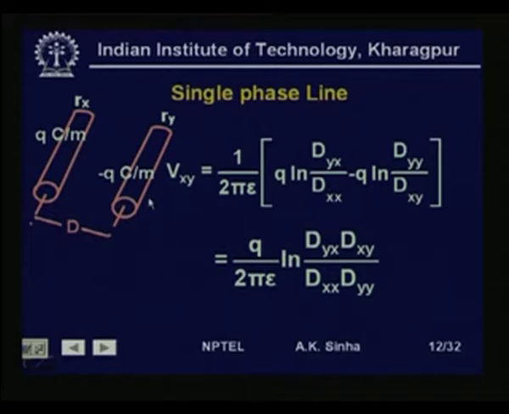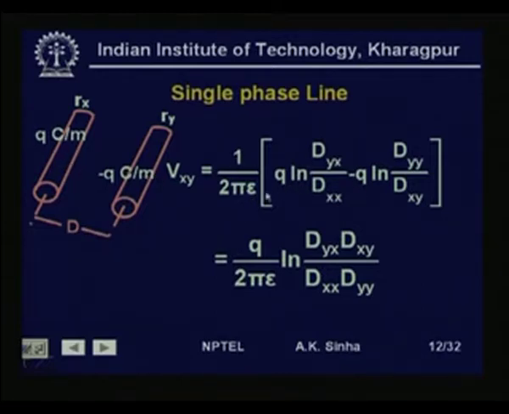So, now using the same formula we can find out Vxy, which will be given by 1 by 2 pi epsilon q ln dyx by dxx. That is, because of the charge on this conductor, the voltage difference between these two will be given by this relationship.